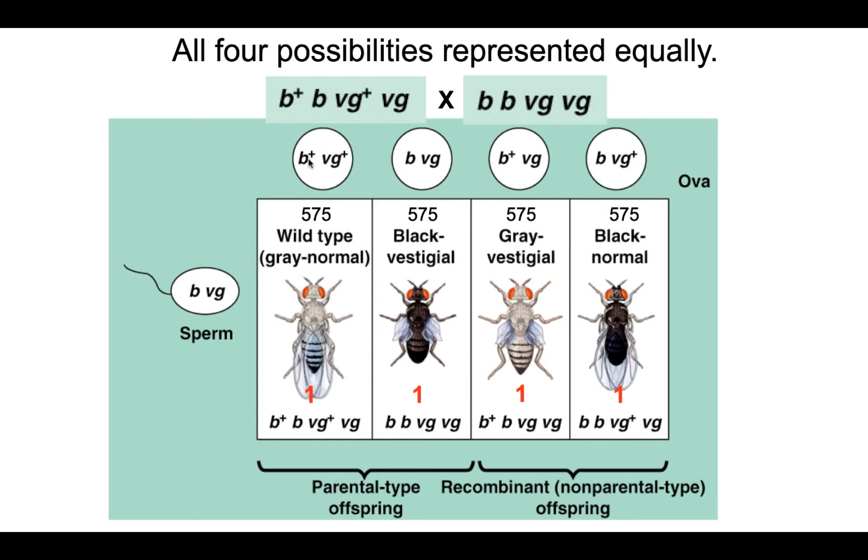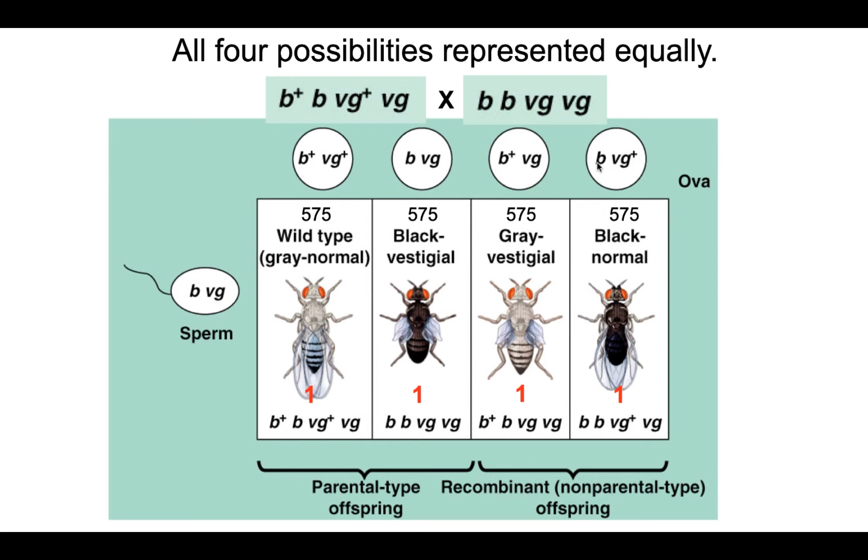That probably didn't get explained as well as it could, so let me instead say this: what independent assortment tells us is that it's just as likely to have a B plus VG plus egg as it is a B plus VG egg. It's just as likely that we have VG with a B as it is VG plus with a B. Okay, so we have both independent assortment going, we have segregation going because these genes are not linked.